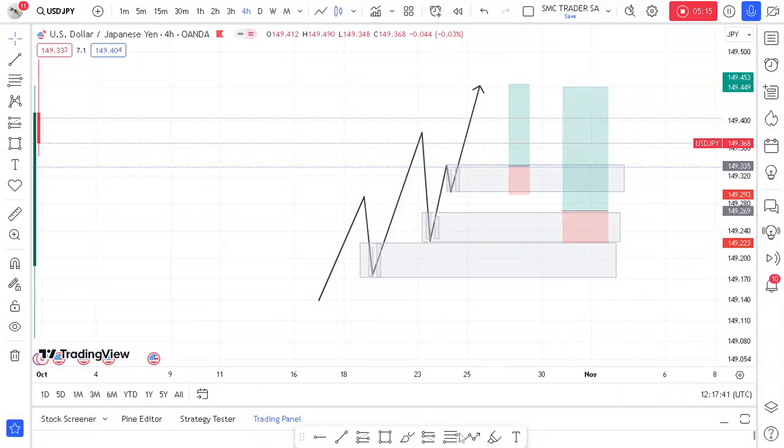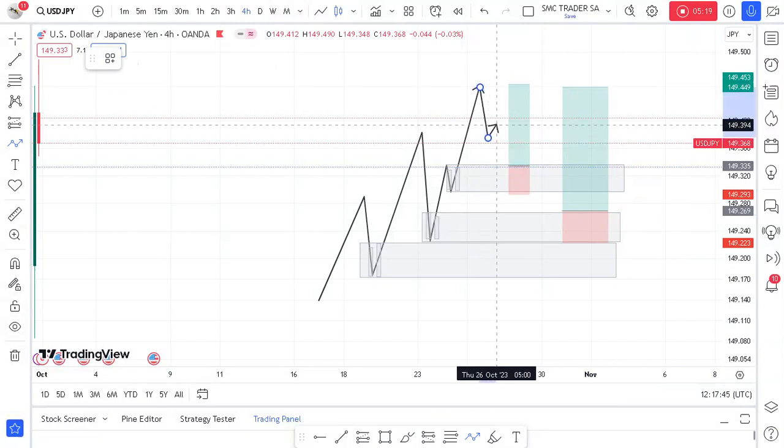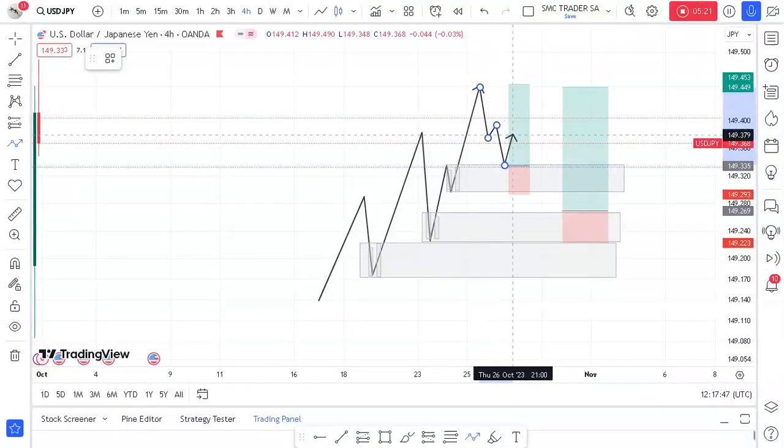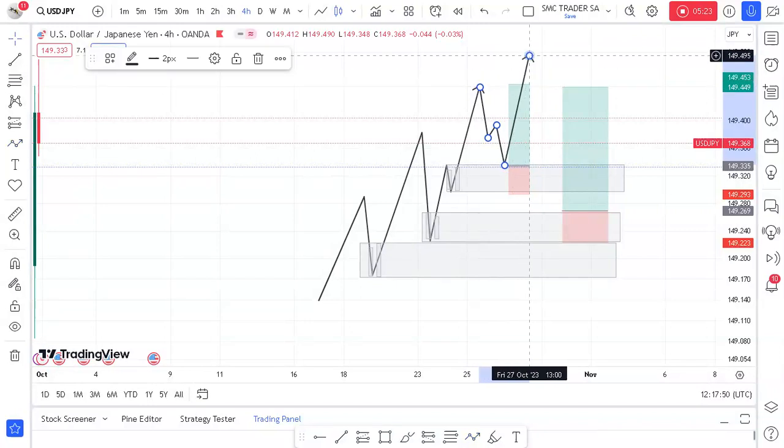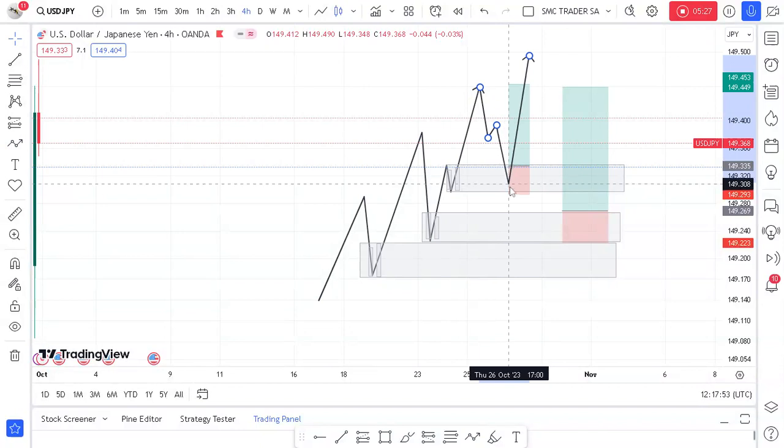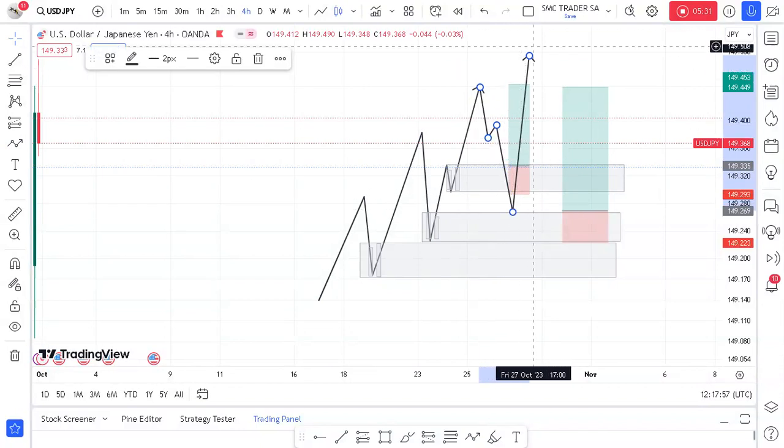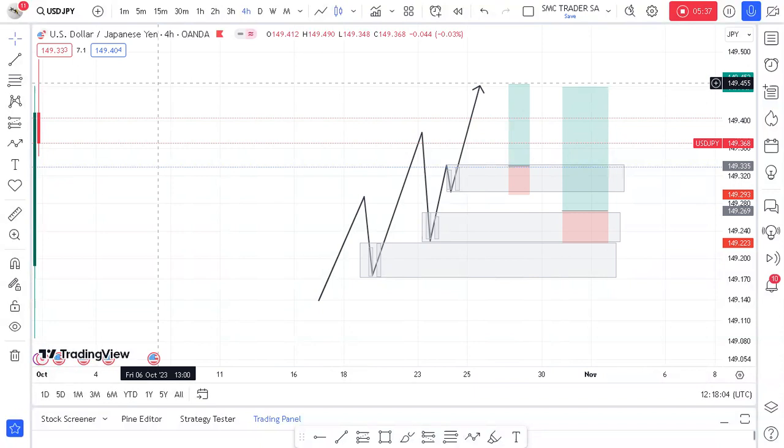So I know very well the market might do something like this and something like this in order to create a new high, or the market might still break and come back here, something like this.